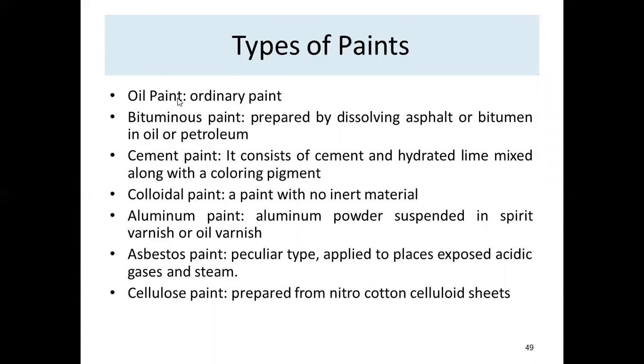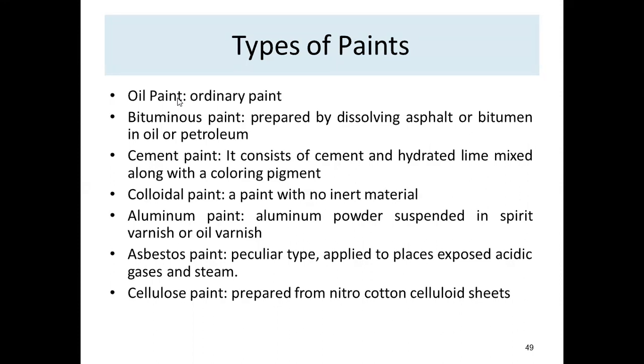In general, oil paints are cheap, easily workable, and have a good quality of appearance. They also have sufficient durability and enough resistance against weather elements. So these are some good qualities of oil paint.